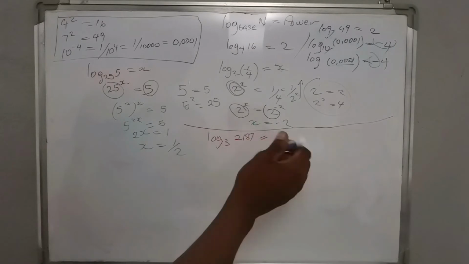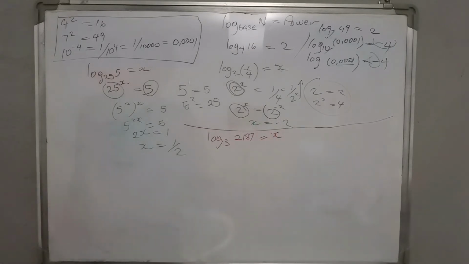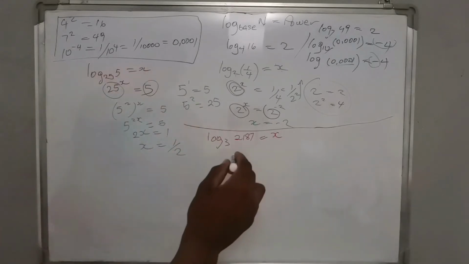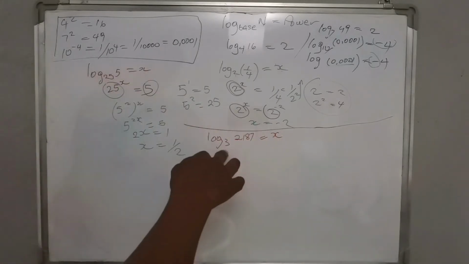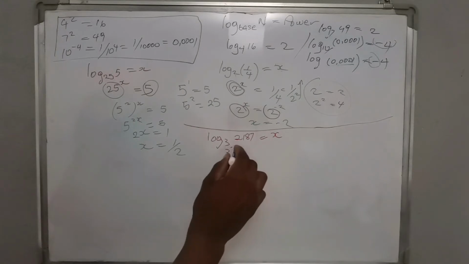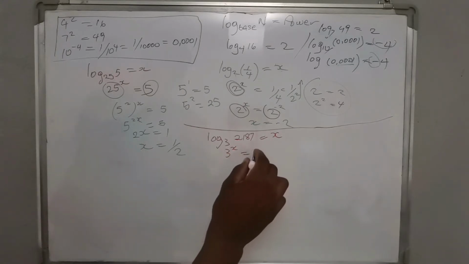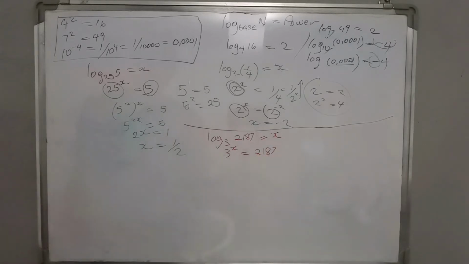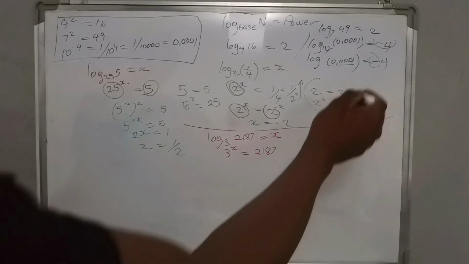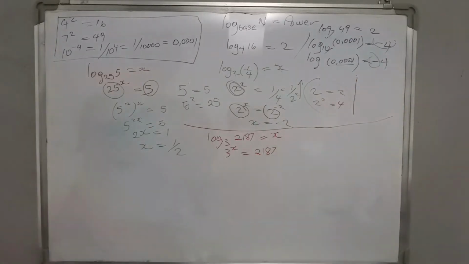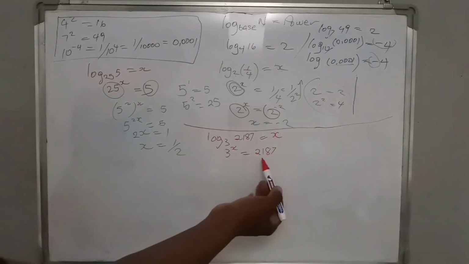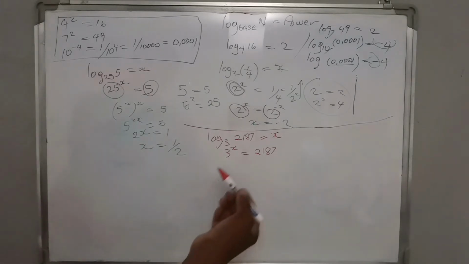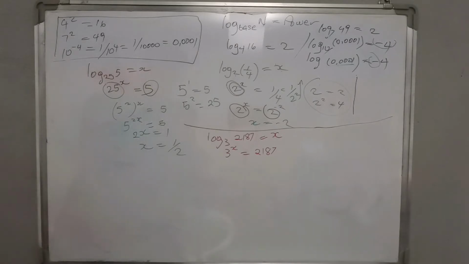We let this equal to x, and then we change it back to exponential form. We know that the power is the base, so 3 raised to x is equal to 2187.